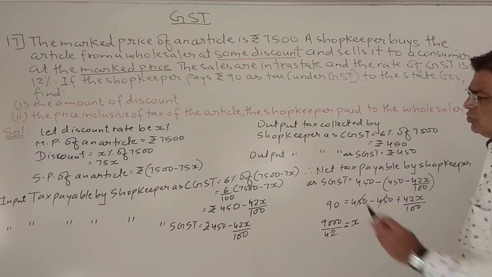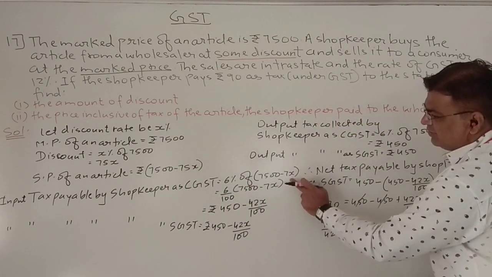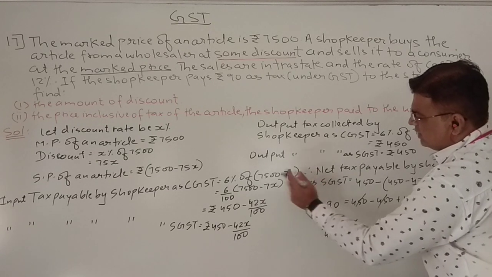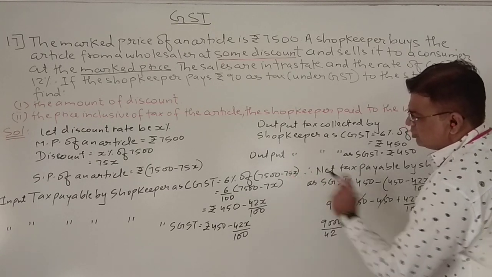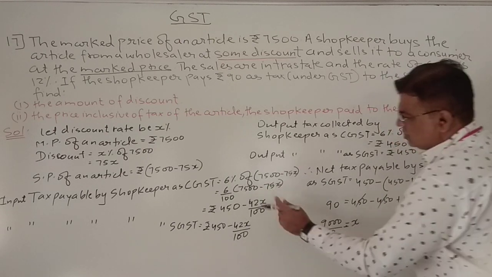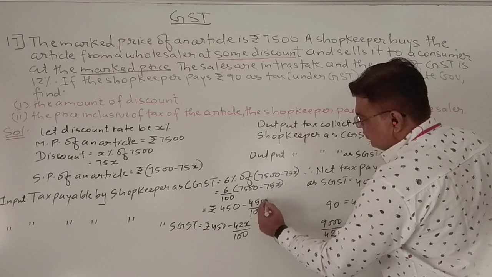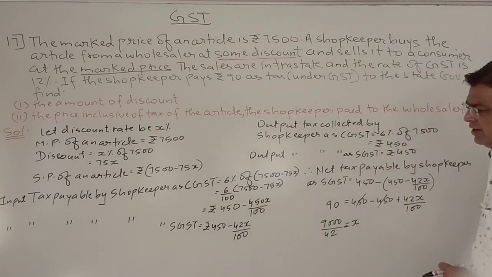Oh students, sorry. We have made a mistake. It is 7500 minus 75x. Here we had written 75 but it is 75x over here. So you see, you have to take care in all these calculations. So here it will be 450x upon 100.